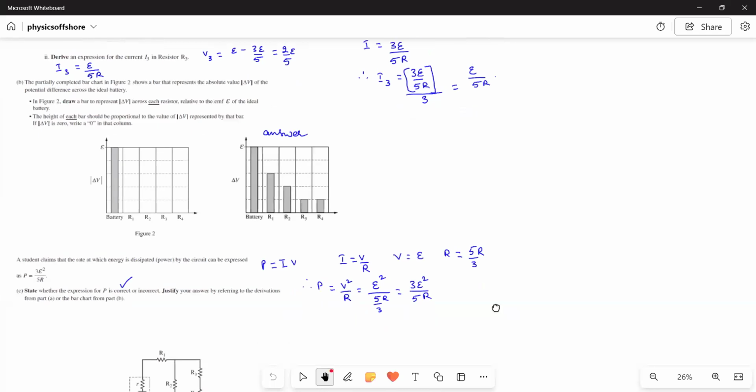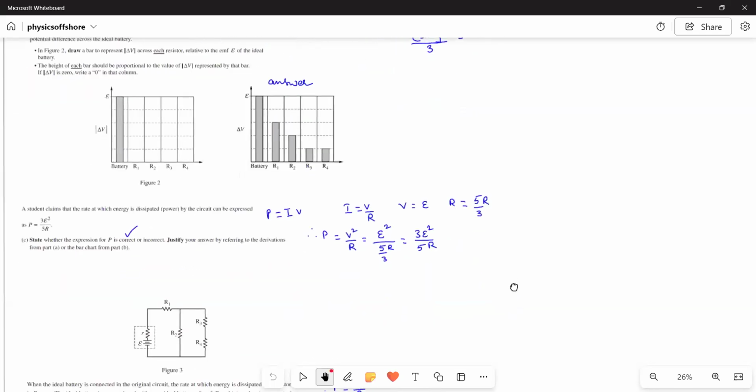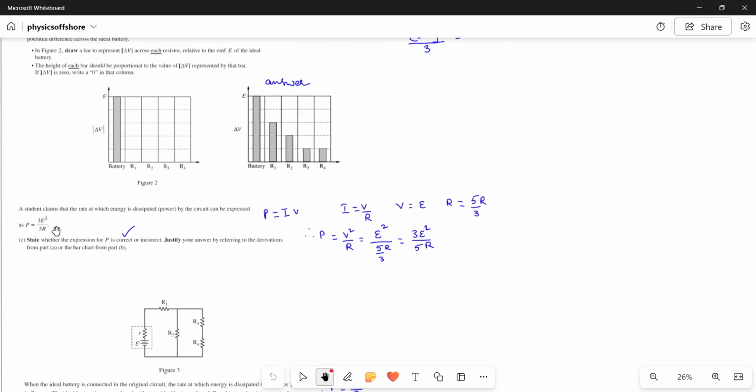And then next, power. He's asking us to find the power. Actually, the student gave the power value. We have to check whether it is correct or not. We know power is equal to current times voltage, and current is equal to voltage by resistance. Here voltage is E, and the resistance is 5 by 3 R, the effective resistance of the circuit.